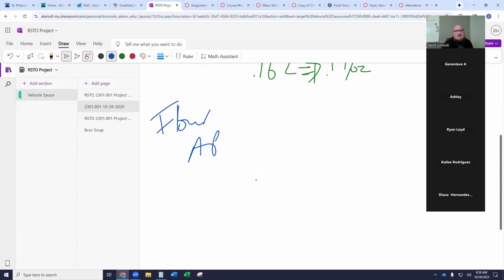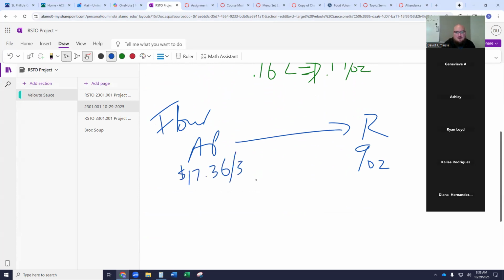Okay, so talk me through your process for the flour. What have you done so far? With the 17.36 for the 50 pounds, I divided those and I got 0.3472. So I rounded that.